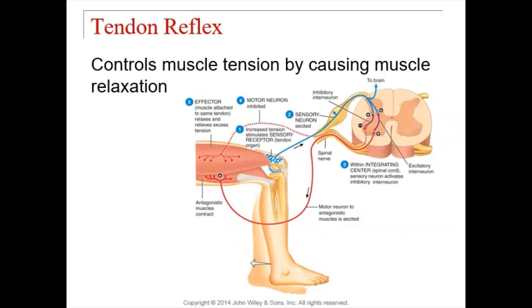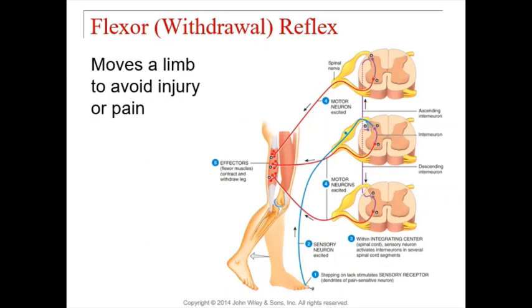All of these reflexes, even this one here called the flexor withdrawal reflex. Withdrawal reflexes, like a lot of reflexes, are there to prevent injury. You do a withdrawal reflex when you touch a hot stove. When you touch the hot stove, or even in this case, when you step on a little pin on the floor, you're going to feel the pain, sensory receptors. You're going to send that pain information via a sensory neuron to the spinal cord integrating center, which will process the information.